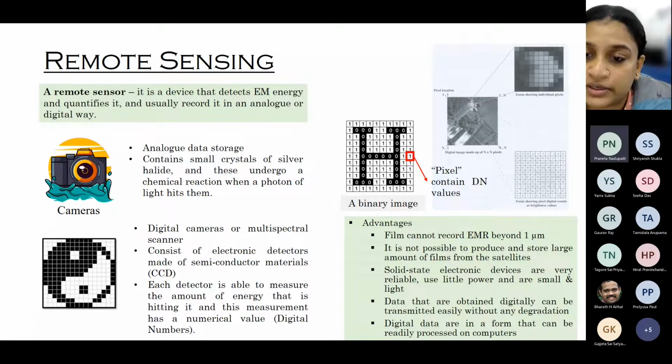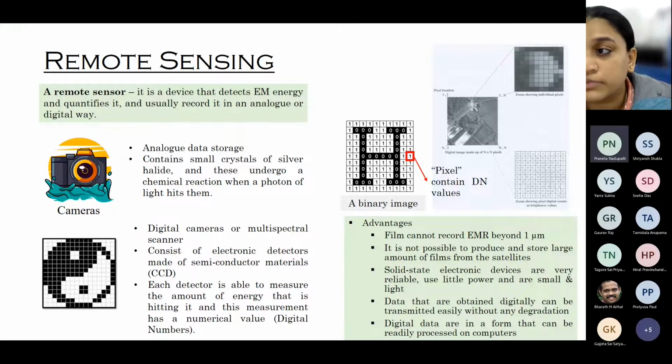However, in digital cameras or in a multispectral scanner, there are electronic detectors made of semiconductor materials, which can also be called charge coupled devices, and they are sensitive to light energy. They are capable of storing and measuring the amount of energy that falls on each of the cells.